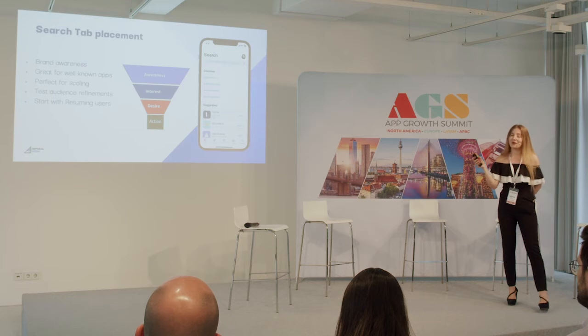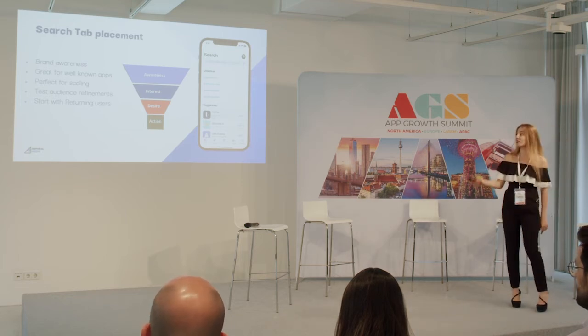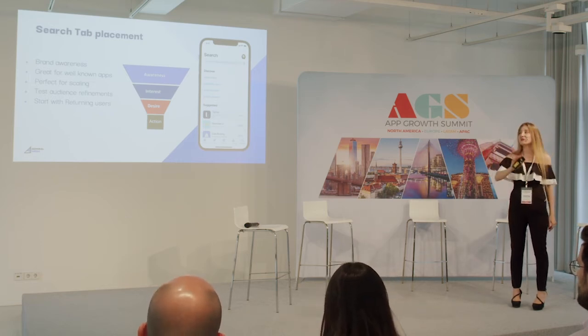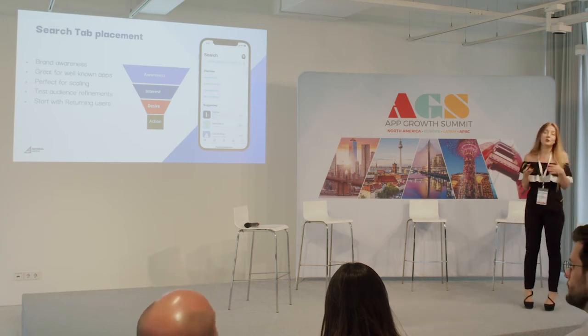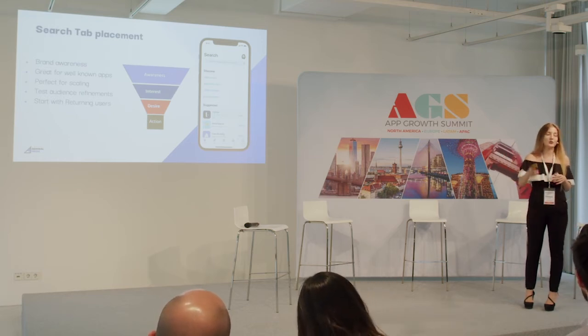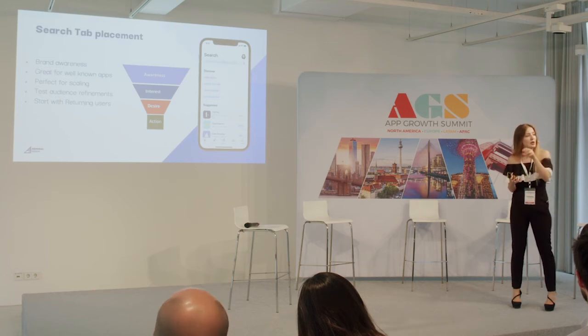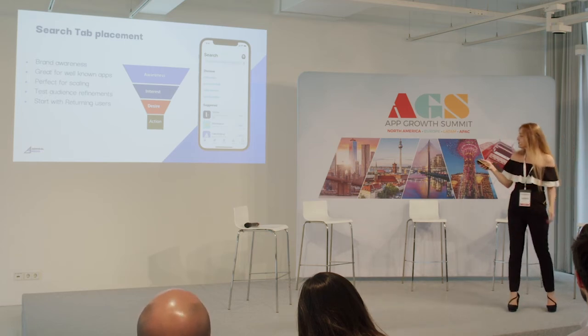And the final one is the one that I'm definitely recommending to everyone to try out, because now I have search tab campaigns with an ad group only for returning users in at least 5 or 6 different apps. So it is working quite well for different categories of apps, and I would advise you to give it a go. It makes sense to be working better for returning users because they already are aware of you, and this could be a reminder to them, like, why don't you try this app again, instead of being completely new brand awareness.